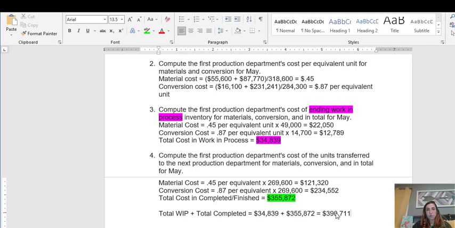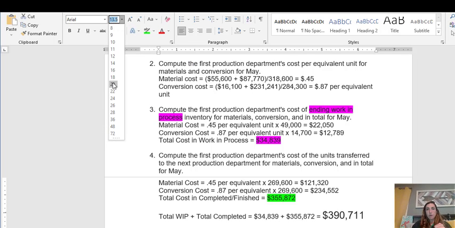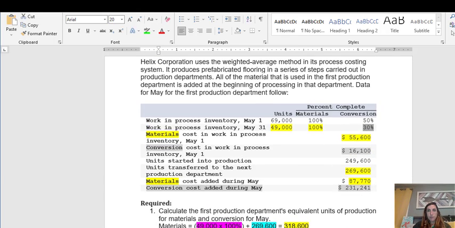That figure should equal, so here's where our check figure comes in, all of the costs that we started with. So if we go back up to our problem and we add everything up here that has a dollar sign in front of it: the initial cost of materials, the initial cost of conversion, which we remember is labor and overhead.